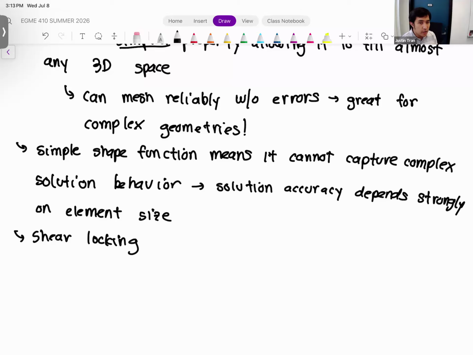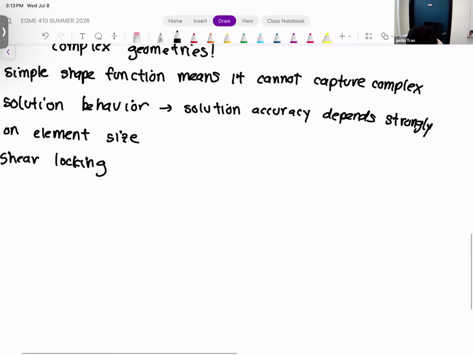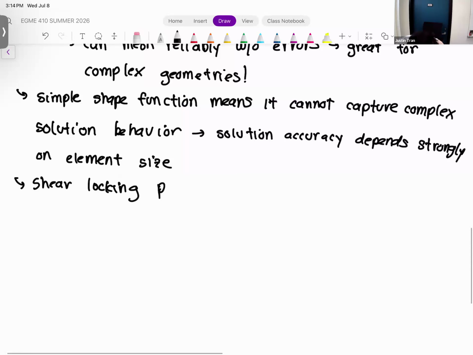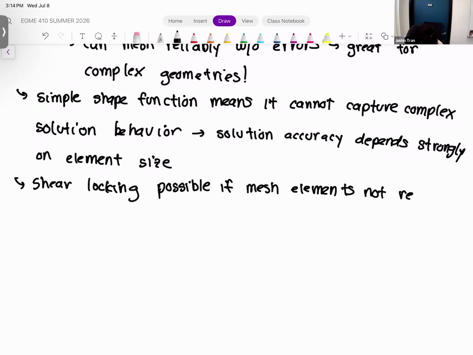And since the stress is a derivative-based quantity, if you're taking derivatives of a linear element like this, it could lead to shear locking. So something just to be aware of.